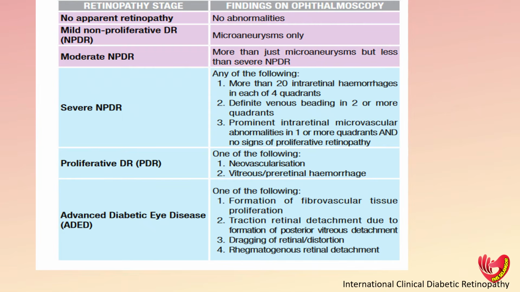The hallmark of proliferative retinopathy is neovascularization. The most severe stage of retinopathy is advanced diabetic eye disease, which will have one of the following features: formation of fibrovascular tissue, tractional retinal detachment, dragging of retinal distortion, or rhegmatogenous retinal detachment.